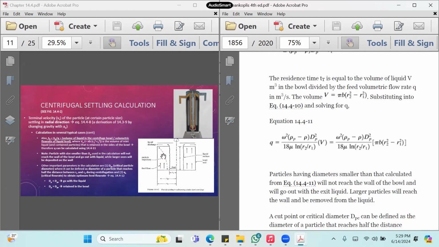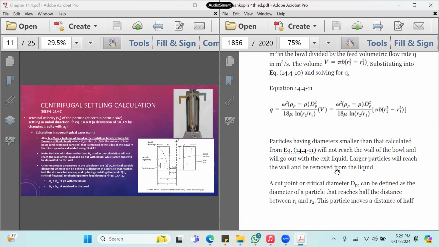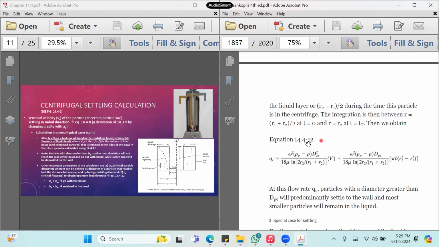The other one is QC. What is QC? QC is the critical flow rate, the optimum feed flow rate, which can be calculated using equation 12.